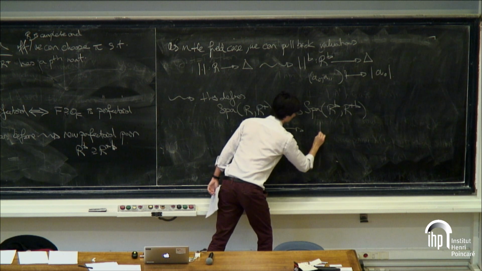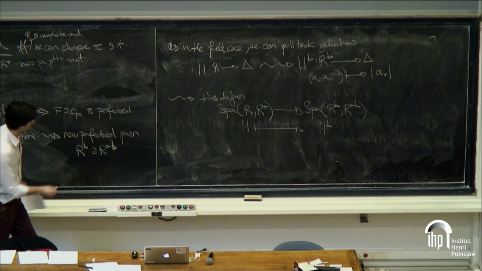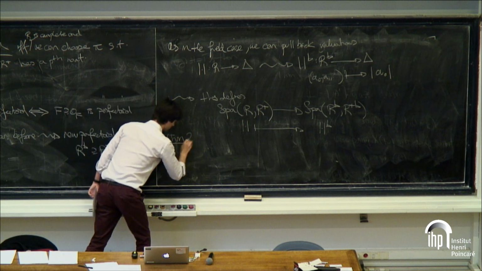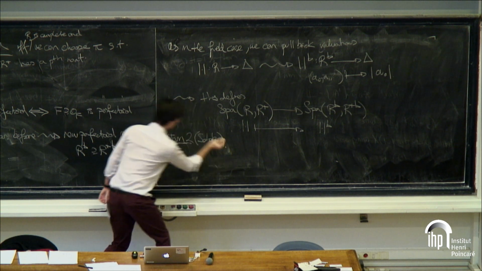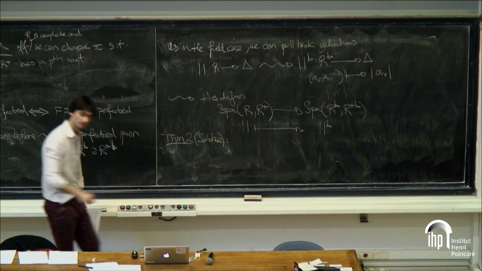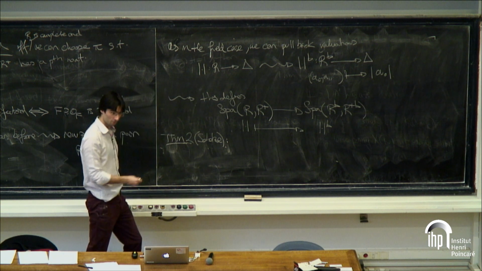I take my valuation and I tilt it in this fashion. And I want to finish with this second theorem, also due to Scholze, which states that given a perfectoid pair, firstly, this is a homeomorphism.